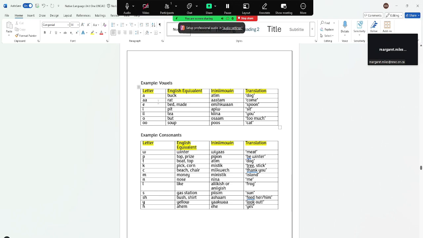Again, the long A sound would sound in English like rat. And a name one, stam, meaning come in English.